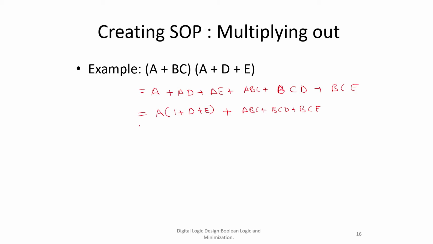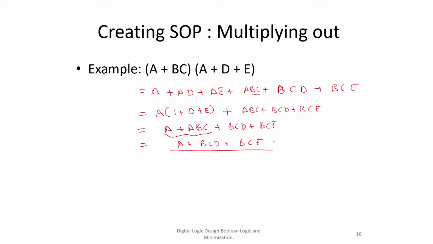I could also have taken this BC as a part of this, so we can take that in the next step. A plus ABC plus BCD plus BCE. There also we find A as common, so similar to this, we can eliminate this, so this will become A plus BCD plus BCE. So this would be the SOP form of this expression.